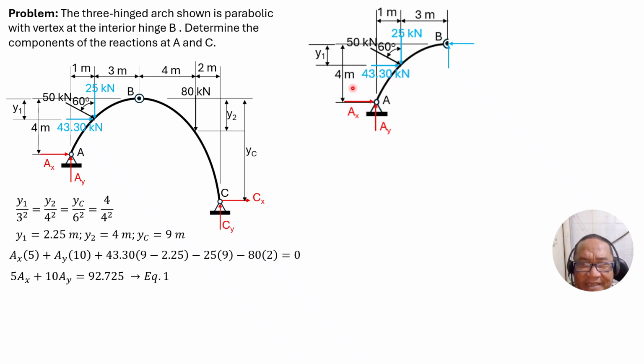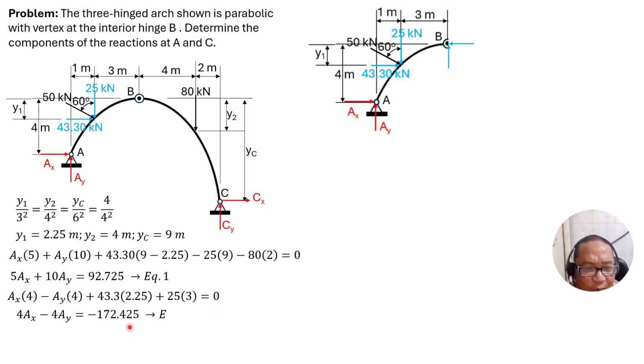So we have Ax times 4 minus Ay times 4 plus 43.3 times y1, which is 2.25, plus 25 times 3 equals 0. Simplifying, 4Ax minus 4Ay equals negative 172.425, and let's call this equation 2.